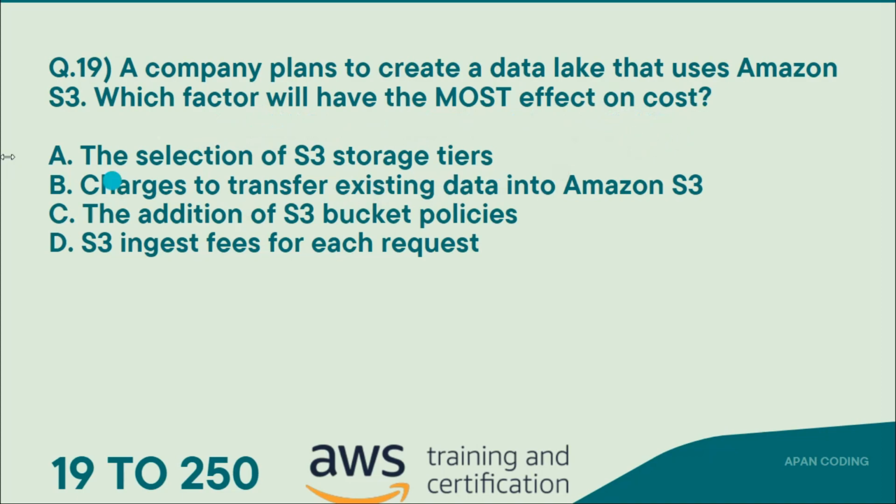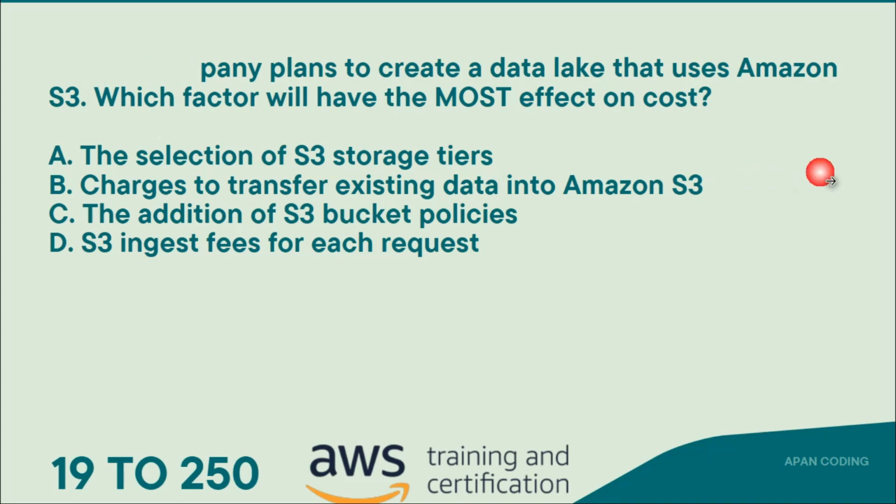Here four options are given. First is the selection of the S3 storage tiers, second is the charges to transfer existing data into Amazon S3, third is the addition of S3 bucket policies, and fourth is S3 request fees for each request. If you know the answer, do comment. The answer is the selection of the S3 storage tiers.